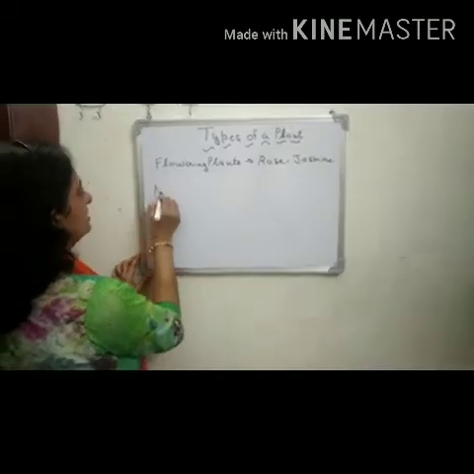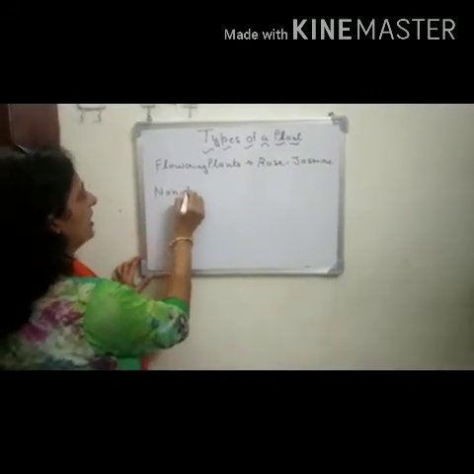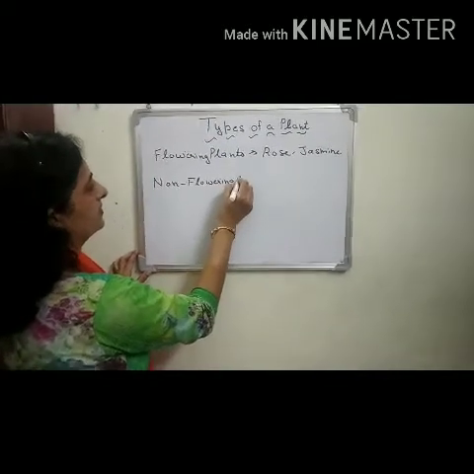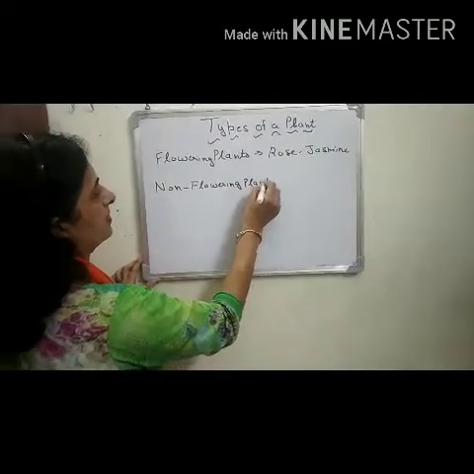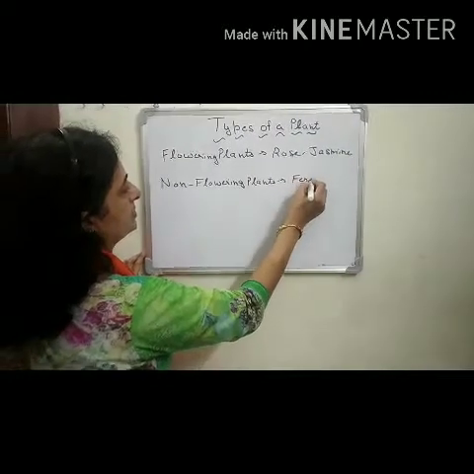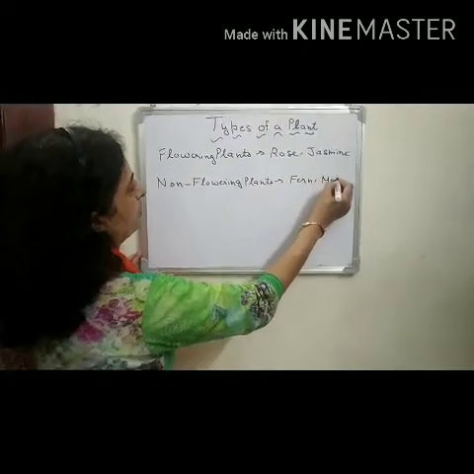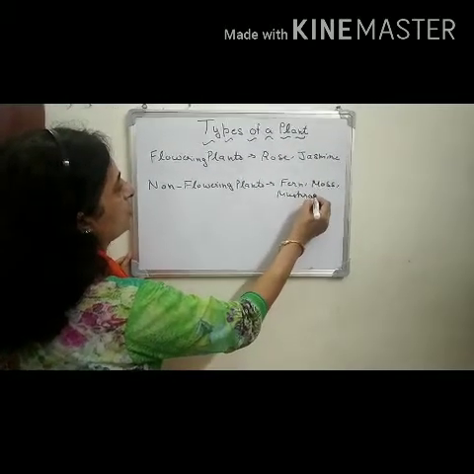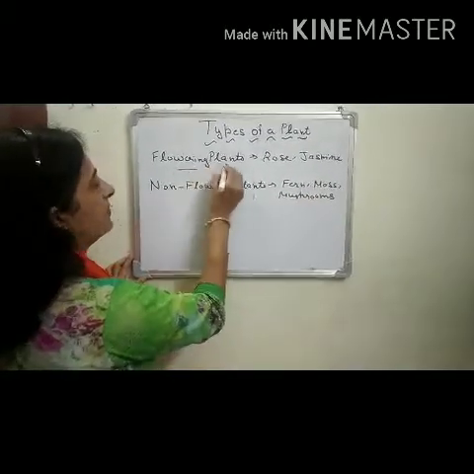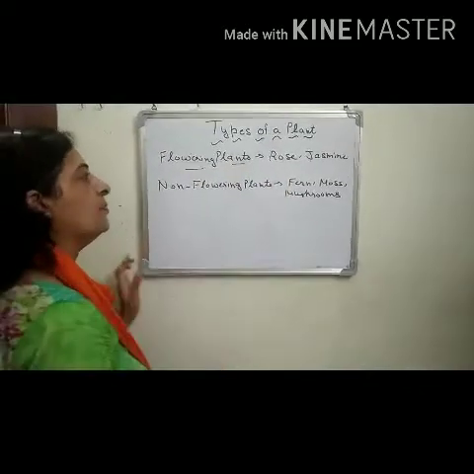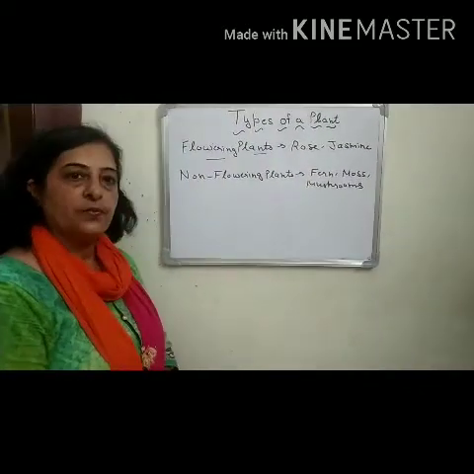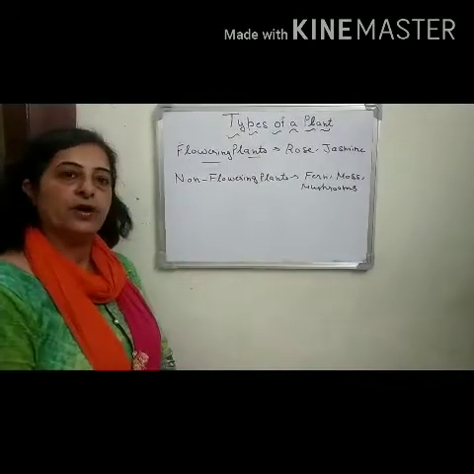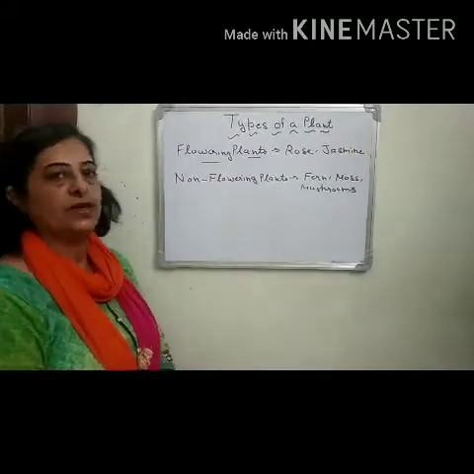And those plants which do not bear flowers are known as non-flowering plants, like ferns, moss and mushrooms. Most of the plants are flowering plants. Plants are really important for living beings because they provide a lot of things for human beings as well as for all living beings.